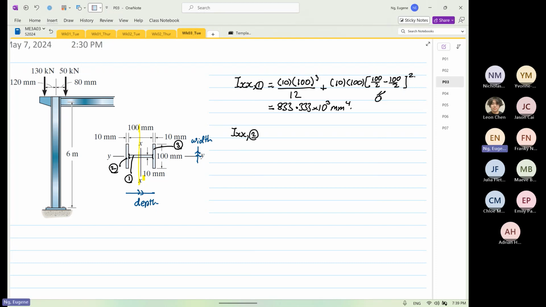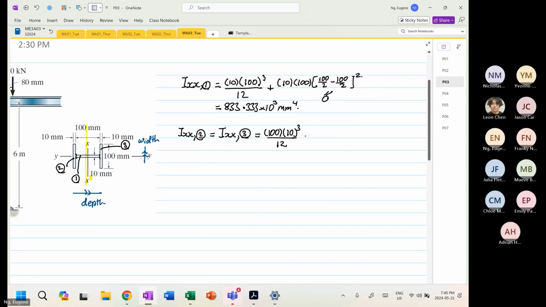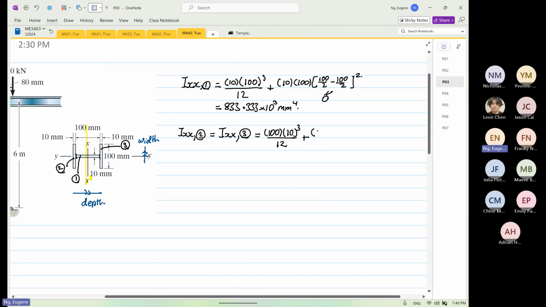Of 2, which is also equal to Ixx of 3, right? So the width is equal to 100. Our depth is 10 cubed power of 12. And then we have an area now, plus 100 times 10.